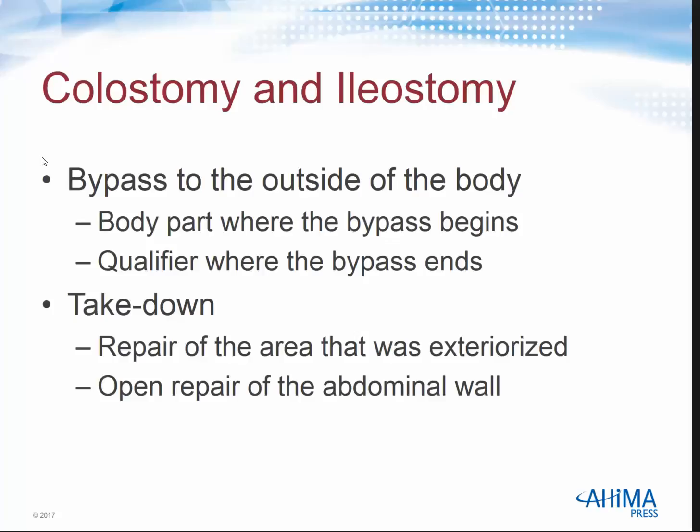Sometimes a colostomy is permanent, and sometimes it is somewhat temporary. It may be for months, but it's not meant to be forever. And then the patient has basically what is called a reversal, but it's clinically called a takedown. So that's what she's talking about here, and that obviously is also covered in the chapter in the text, and you're also given some exercises so you understand how to code a colostomy.